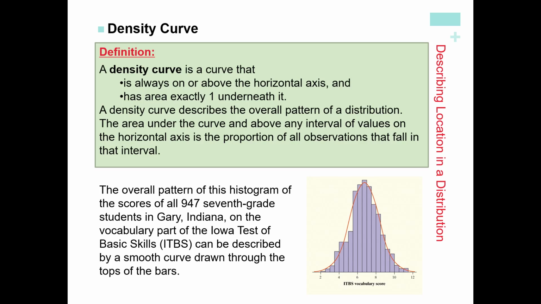So notice this is a pretty good density curve. We're going to get a nice bell curve shape because we have 947 7th graders, which is plenty. That's a pretty big sample. So that's really what we were looking for, and remember that this density curve, because it's a density curve, must have area 1 beneath it by definition.